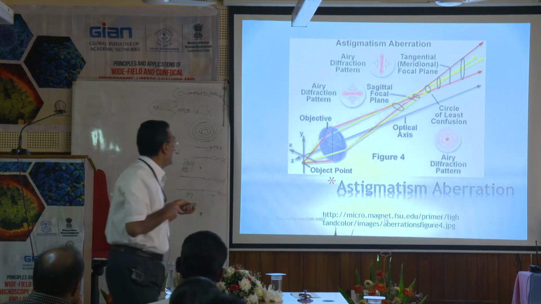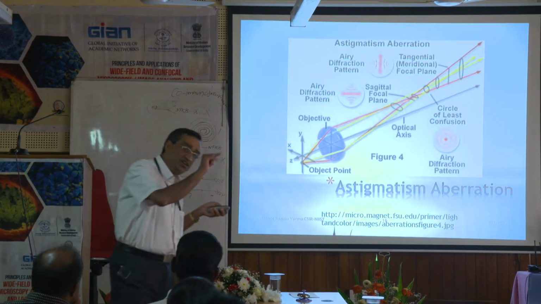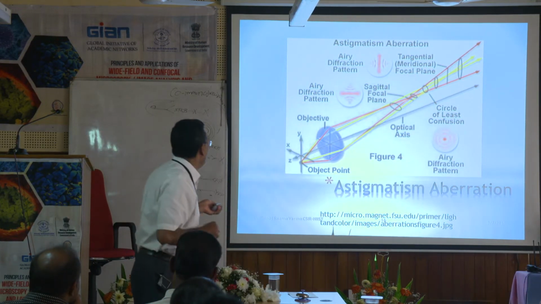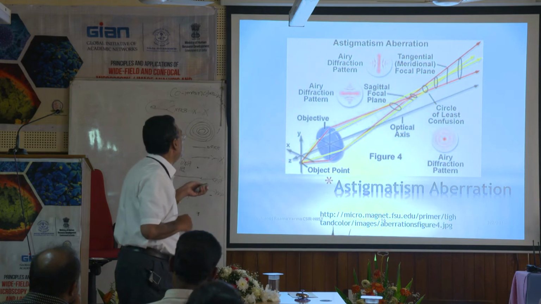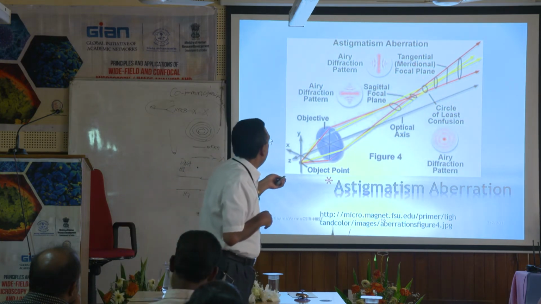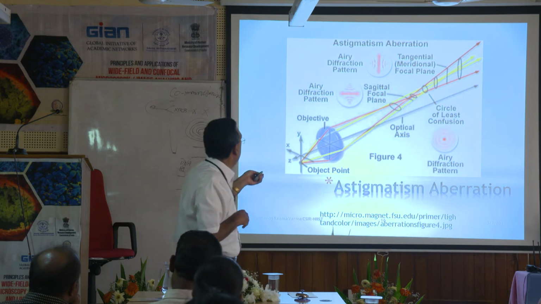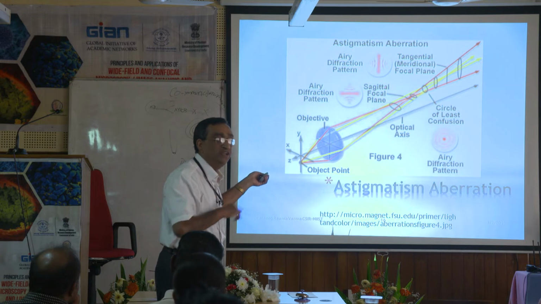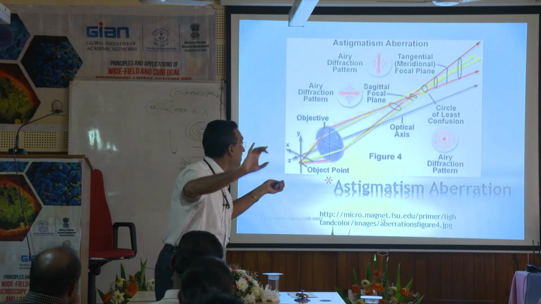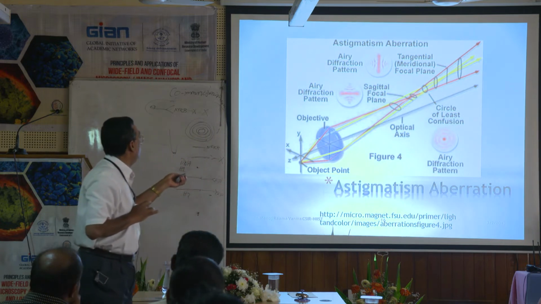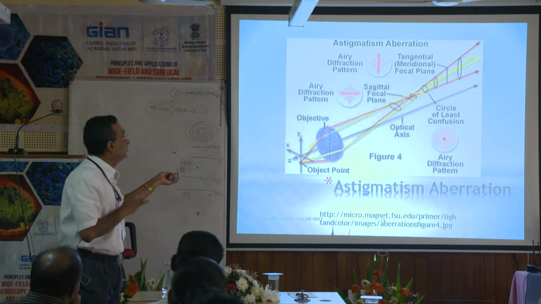For example, imagine an Airy disk. It is nothing but a series of concentric disks. When this Airy disk is projected with a lens having astigmatism, in the tangential focal plane the image looks like this, not at all a circle. It is very much distorted. On the sagittal focal plane, it looks totally different.